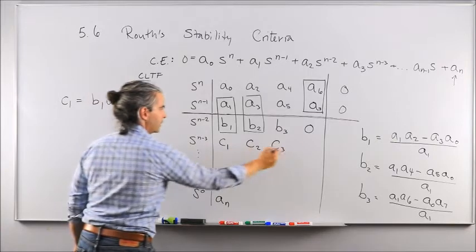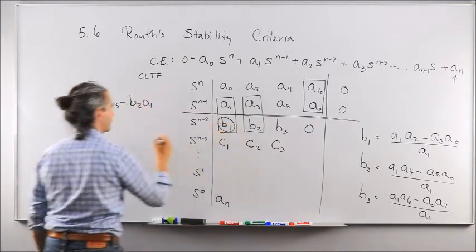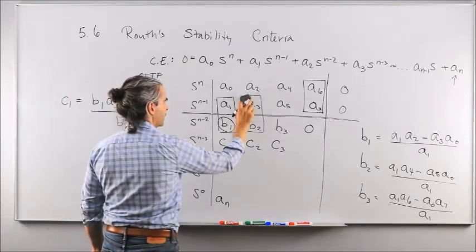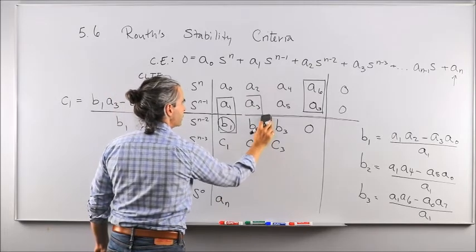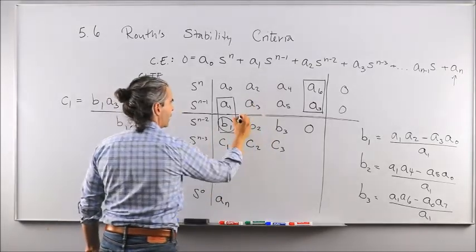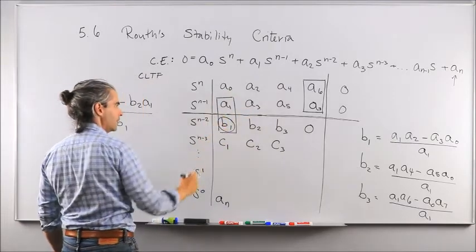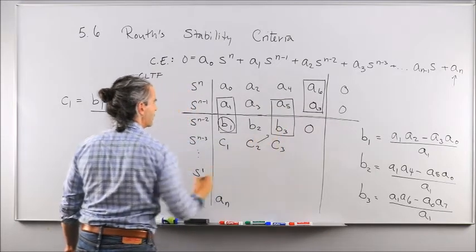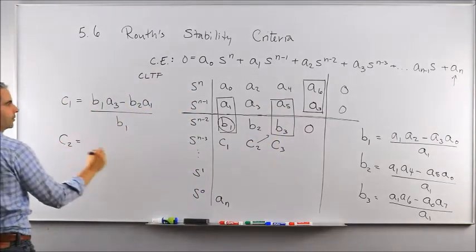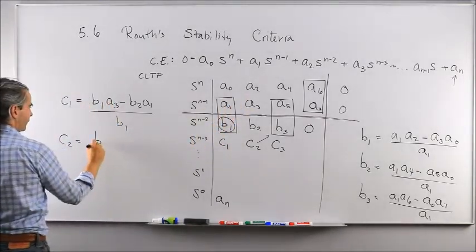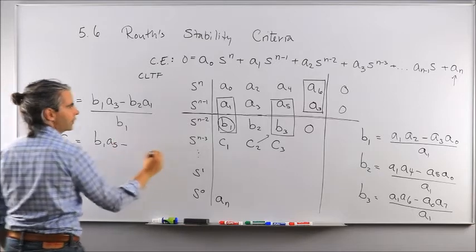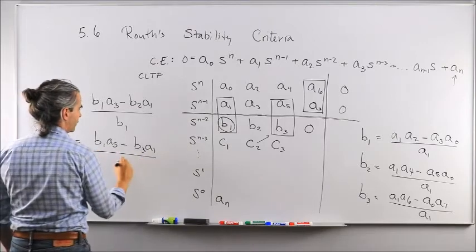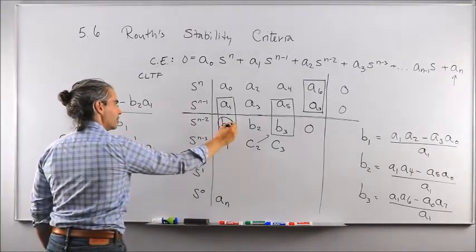And our anchor for all these entries is going to be B1. So divided by B1. That's for C1, okay? Now for C2, its calculation, you're going to rely on those 2 again, A1, B1, but now the column to its diagonal is going to be this one. So C2 is going to be B1, A5 minus B3, A1 over the anchor for that row, which happens to be B1.